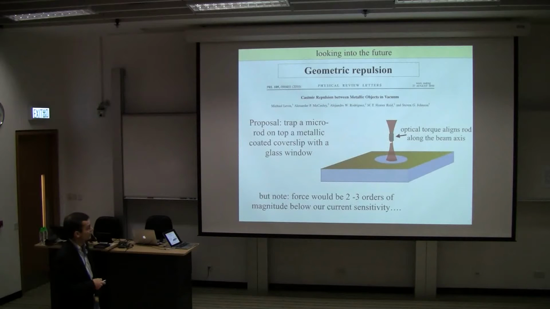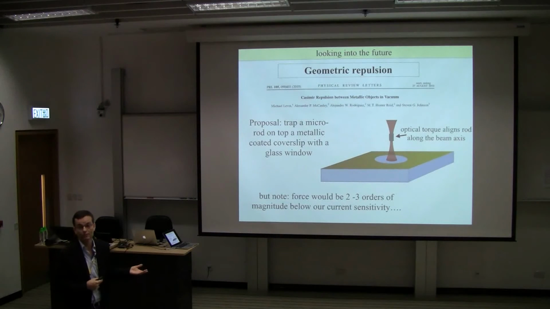First, if I have a micro rod, it would naturally be aligned along the laser beam axis, because the laser beam not only exerts a force but also an optical torque that aligns the rod along the laser beam. So if I trap anything which is not isotropic, it's naturally aligned along the laser beam axis.